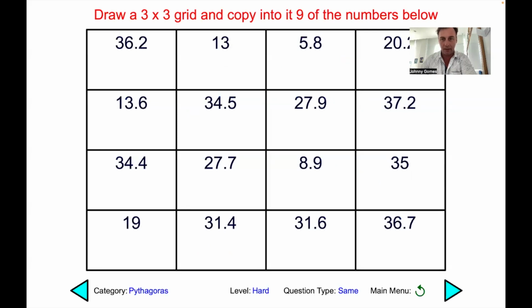And you'll get a 4x4 grid with 16 answers. You ask your students to draw a 3x3 grid, and then they copy 9 of the numbers down. What I tend to do with my students, because I use this quite a lot, is get them to draw a 3x3 grid in the back of their books in pen, and then they can use pencil to choose 9 numbers to fill out the grid, and then rub it out and reuse it.